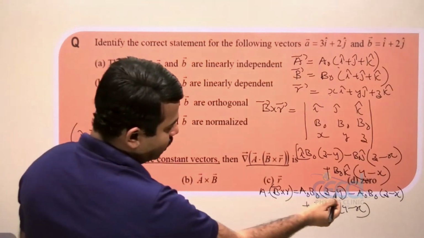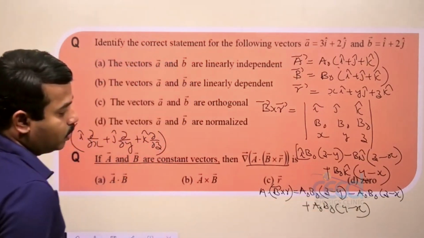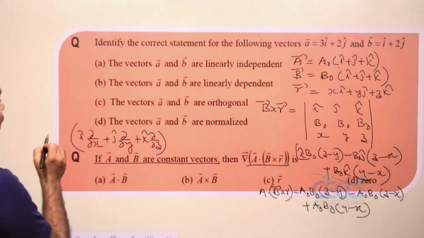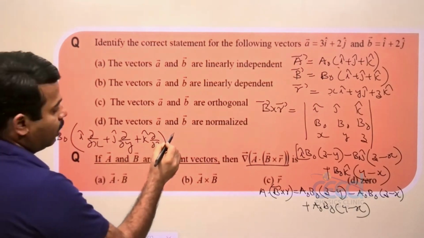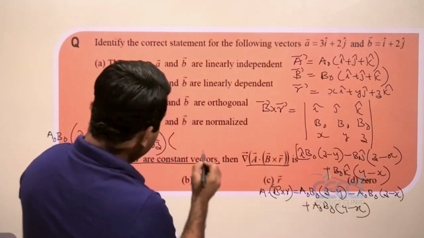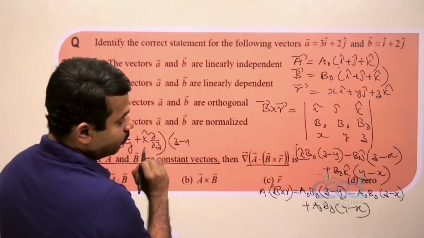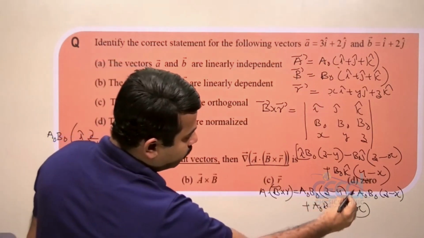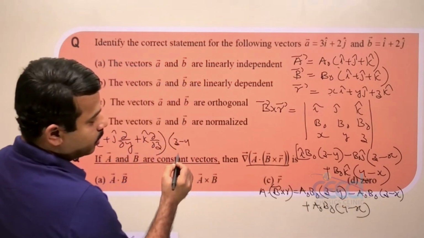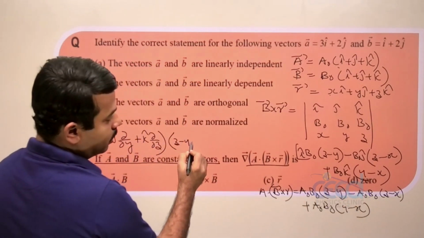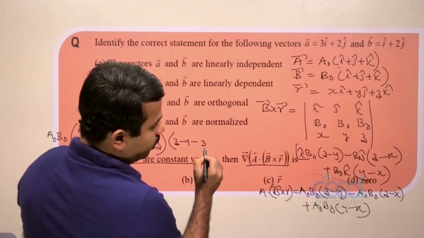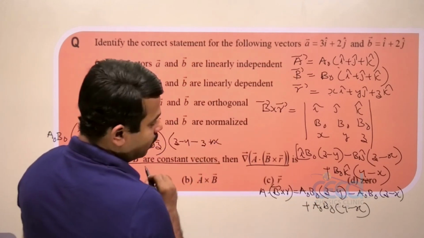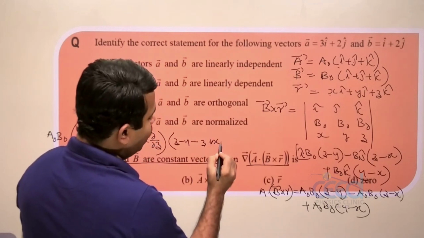This A0 B0 is a constant, so I am writing A0 B0 as a constant. What is remaining here? (z minus y), plus (z minus x), minus of minus, z plus x, plus (y minus x).